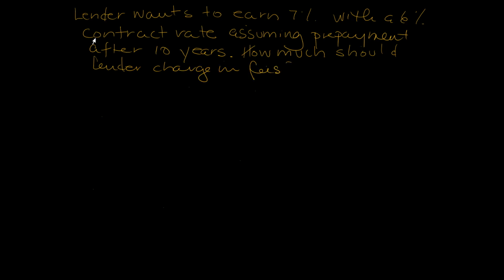So, solving for the payment per dollar borrowed, we're going to assume 30-year loans, so N will be 30 times 12 or 360. We said that the contract rate was still going to be 6%, so I is going to be 6 divided by 12 or 0.5. And remember, we're just solving for the payment per dollar borrowed, so present value is going to be negative $1.